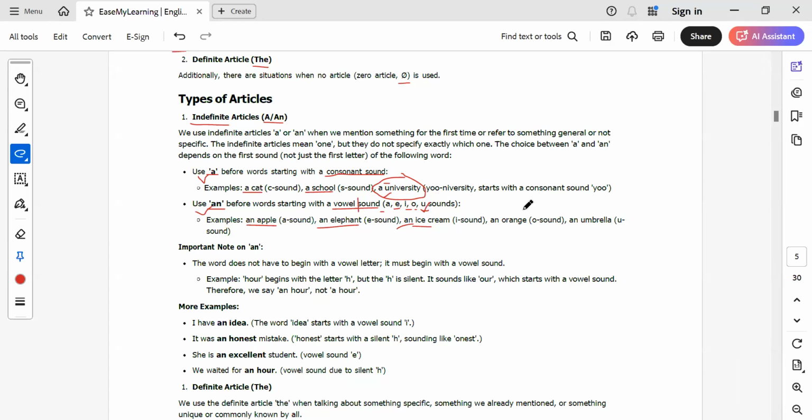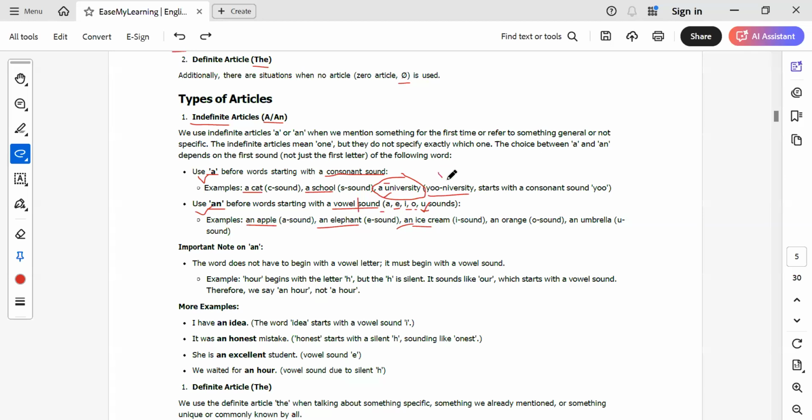The reason for that is that when we write university, we write it with a U. But if we spell it like we speak it, we can make it start with a Y also. So we can write it university or Yuniversity, like it's written over here. Okay.